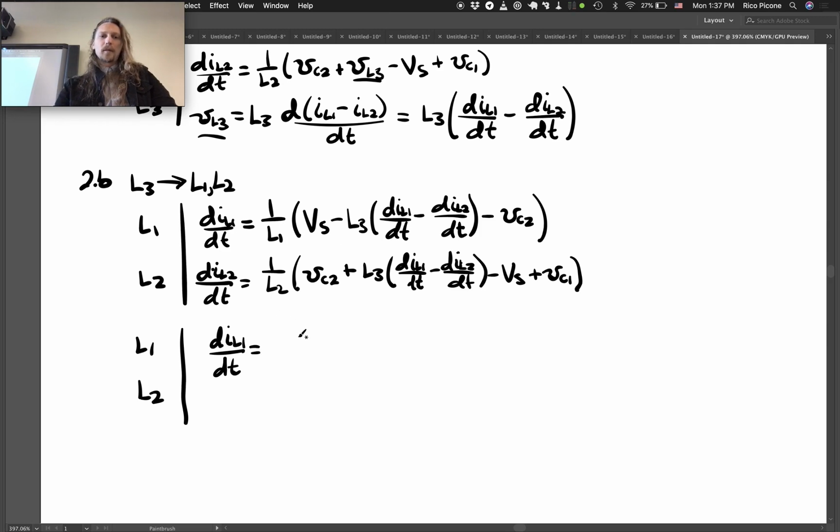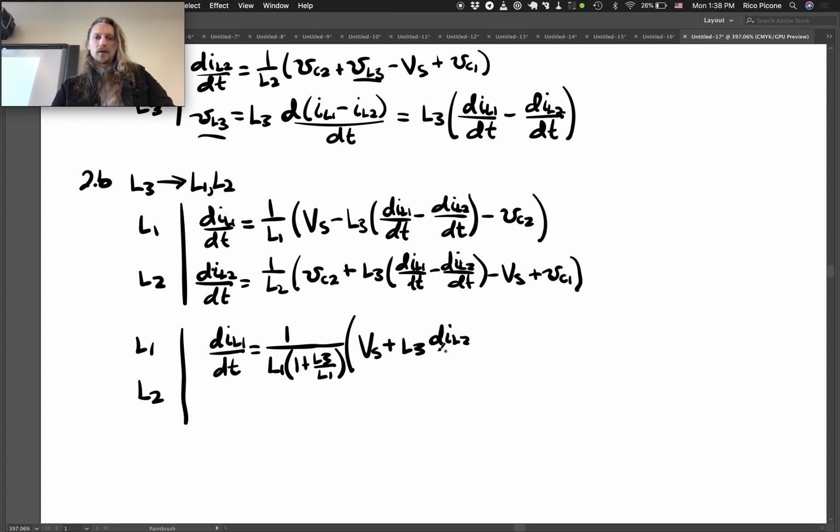So what I'm going to get is 1 over L1 times 1 plus L3 over L1. And then I'm going to have my Vs minus, but this is actually going to turn into a plus here now, right? L3, I still have my dIL2/dt minus Vc2.